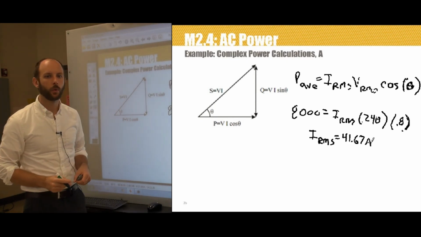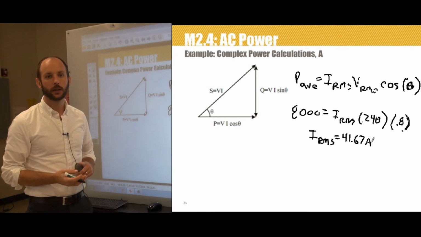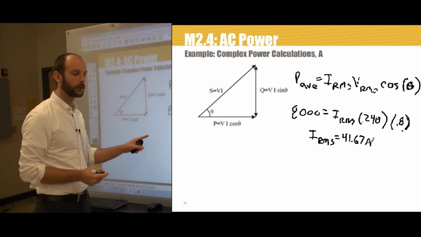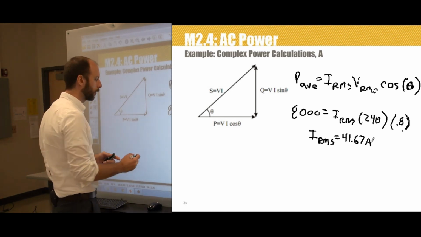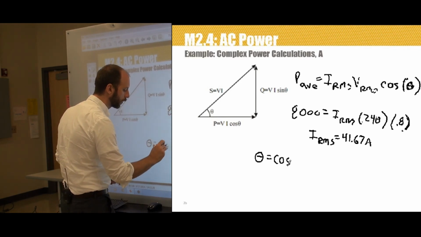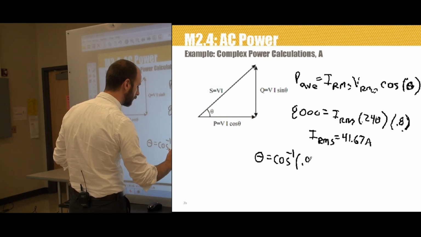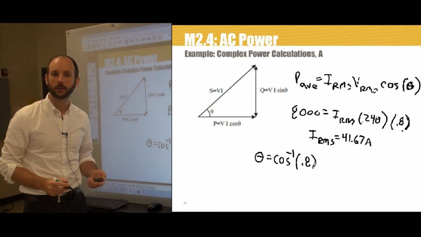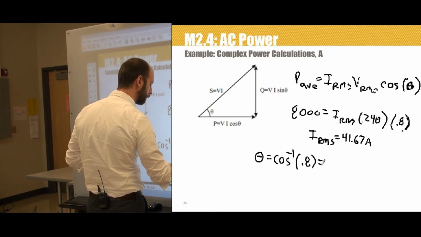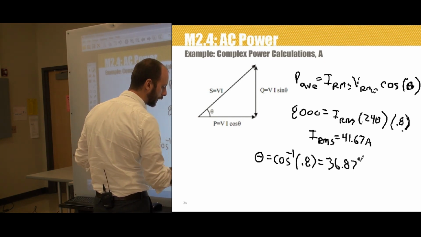Okay, so next we have to calculate the angle of the load impedance. It's the same as the power factor angle. I had asked you to do this a second ago, so I'm going to go ahead and give you the answer. Theta is equal to the inverse cosine, or arc cosine, of the power factor, which was 0.8. And that gives us a value of 36.87 degrees, right? Be careful when you do this.